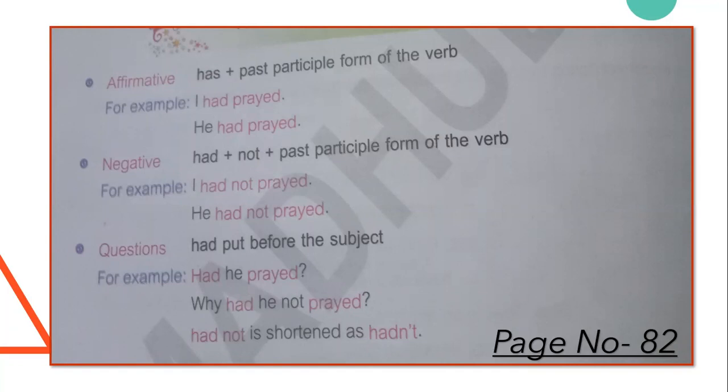In the negative, we say had plus not and the past participle. So I had not prayed, he had not prayed. And in the interrogative form, we put the had before the subject. Had he prayed? Why had he not prayed? Had not can also be shortened as hadn't. It doesn't work like that.